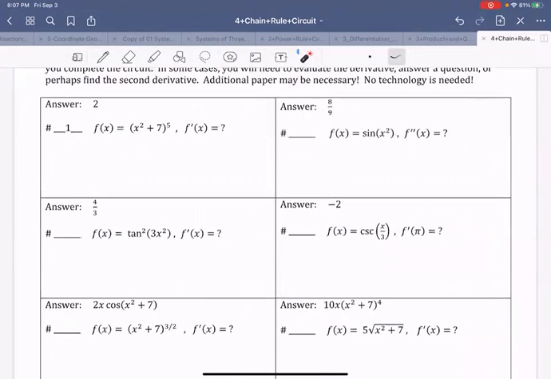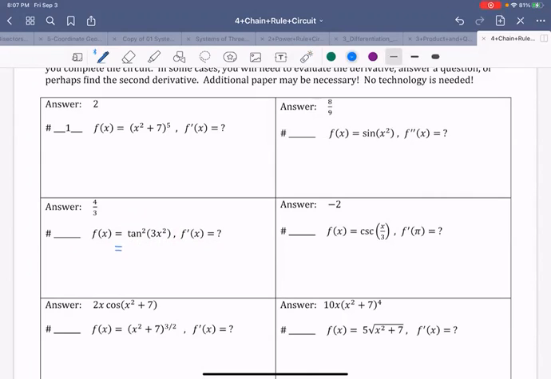Emily, do this one. You would rewrite it with the 2 on the outside, right?